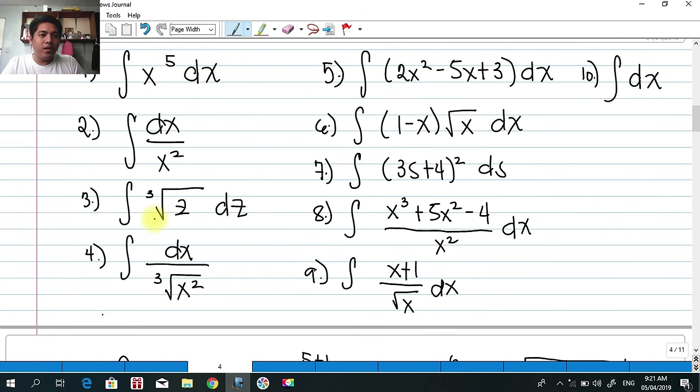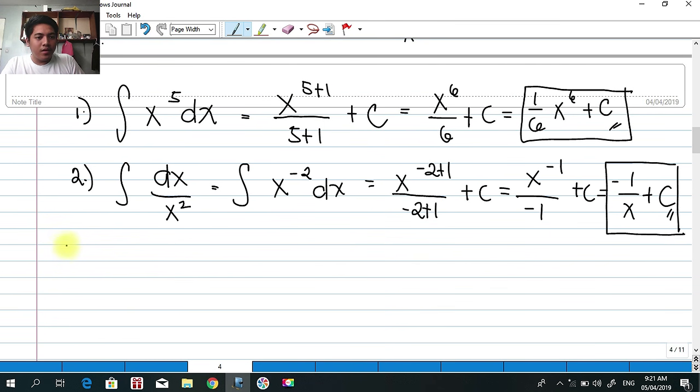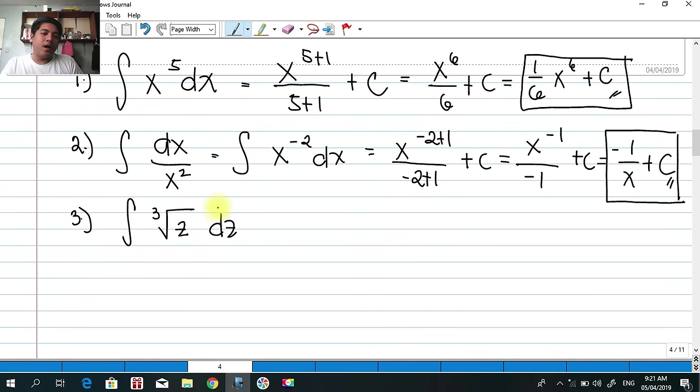So, number 3 is the integral of the cube root of z dz. Okay. Whenever we encounter a radical function, we should always write this in power form.